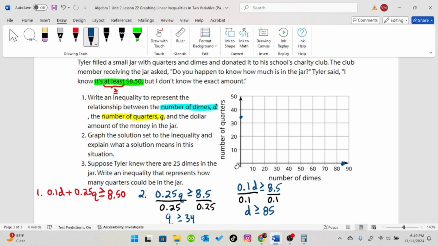Now, this time we have greater than or equal to. This means a solid line.